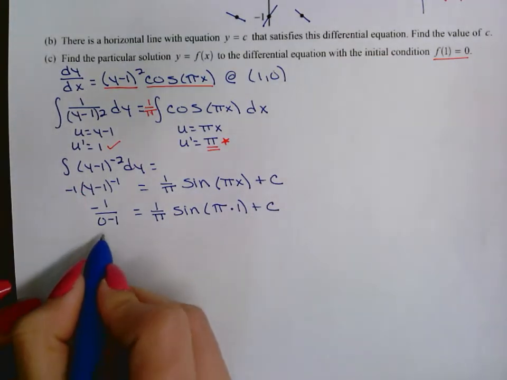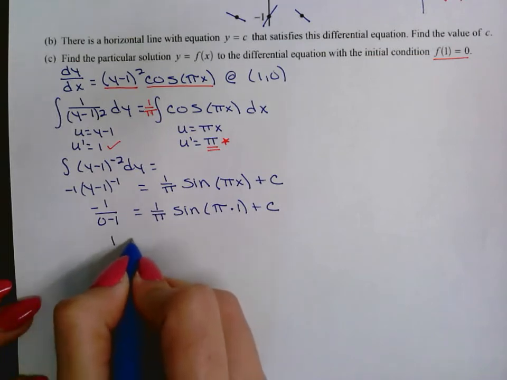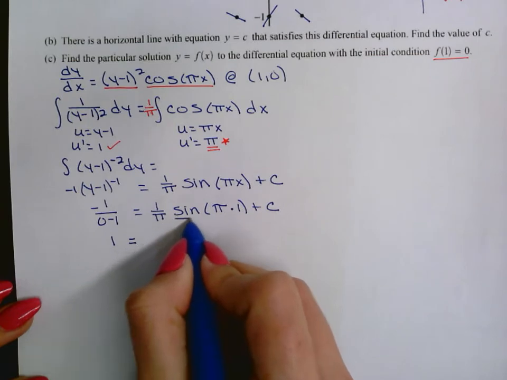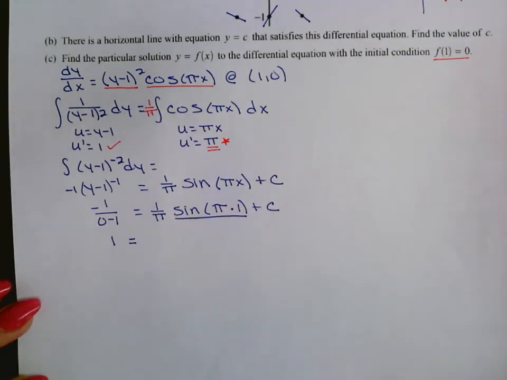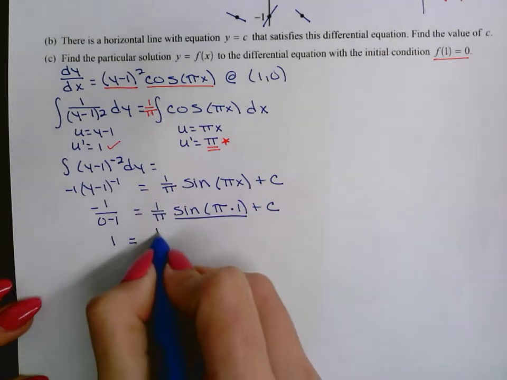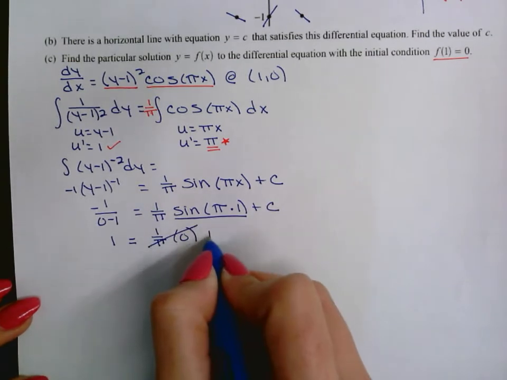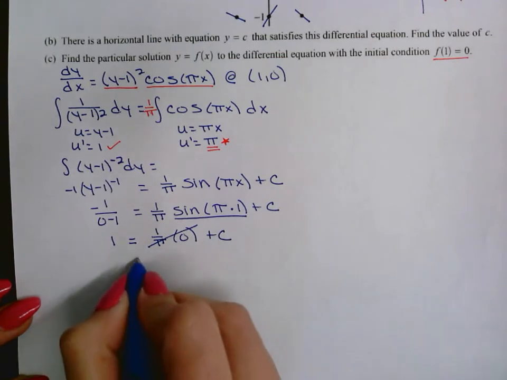Here on this left side, I just get 1. And then what is sine of pi? 0. So we found our c.